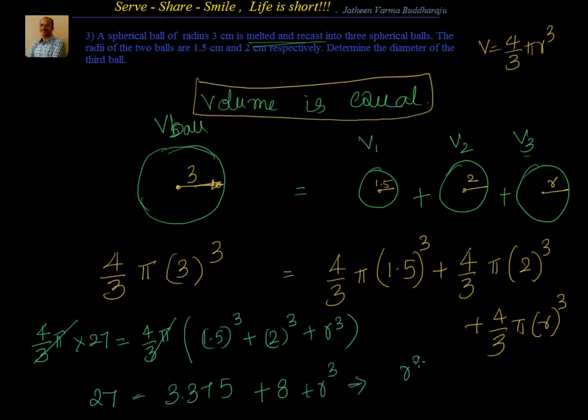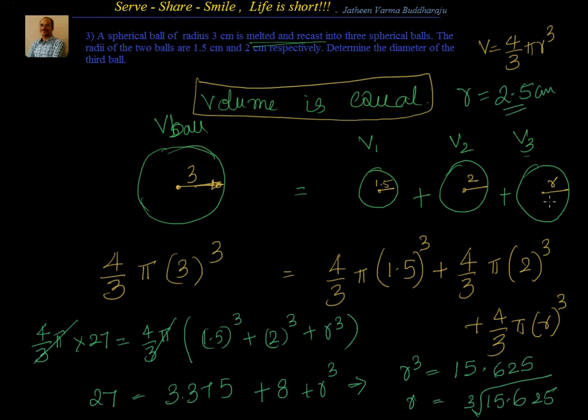That will give me, if I simplify, r cube equal to 3.375 plus 8 is 11.375. If you take it to that side, you will have 15.625. Now what's the value of r? R equal to the cube root of 15.625, which is nothing but 2.5.